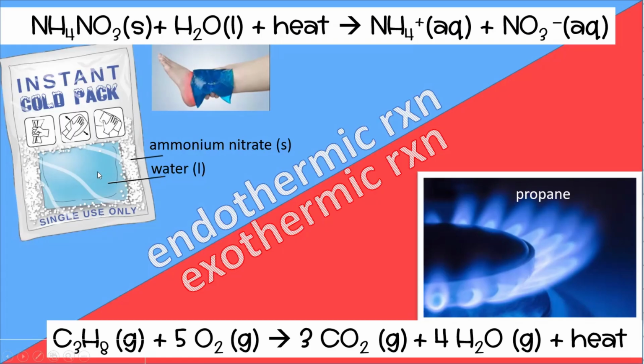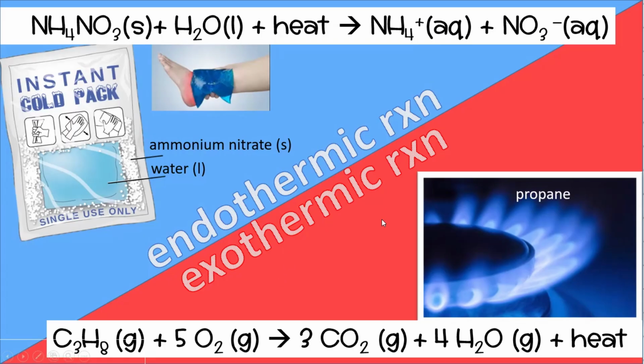So when you press and squeeze and bust the water and it mixes with the ammonium nitrate, an instant endothermic reaction occurs. So the ammonium nitrate plus the water, and it absorbs the heat, yields aqueous ammonium ion and nitrate ion floating around. And it feels really, really cold.